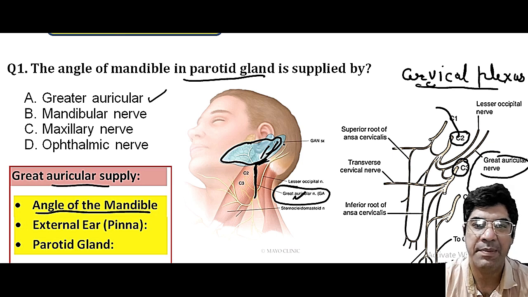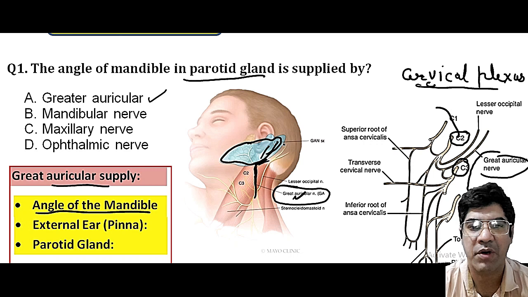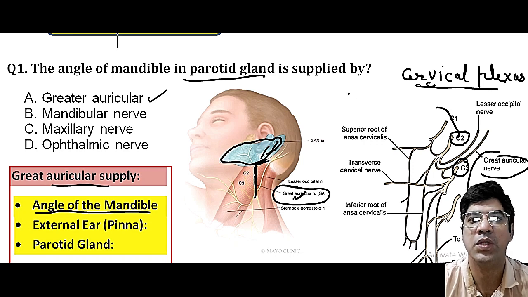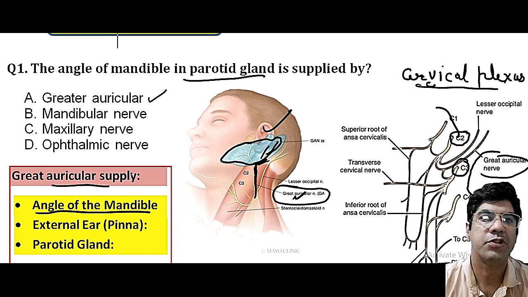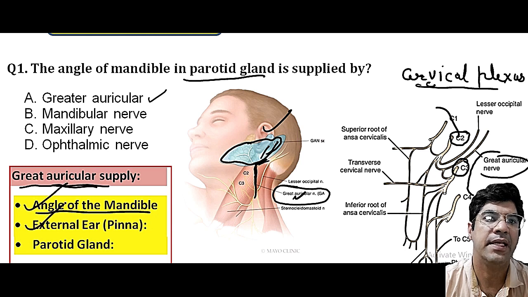As its name suggests, it has a significant role in providing sensory innervation to the ear. So remember, from your exam point of view, the great auricular nerve will supply the angle of mandible, external ear, and the parotid gland.